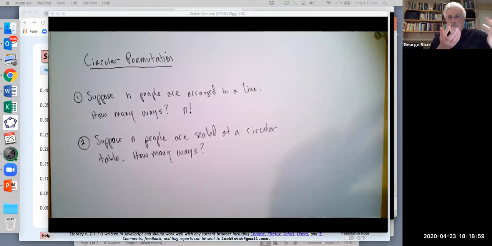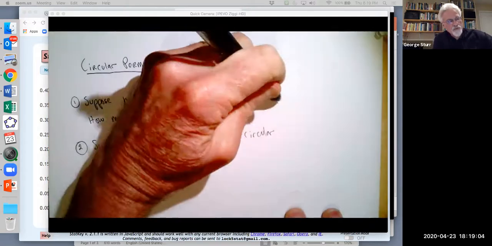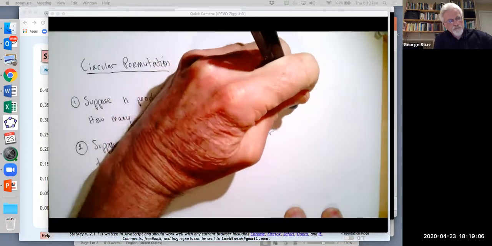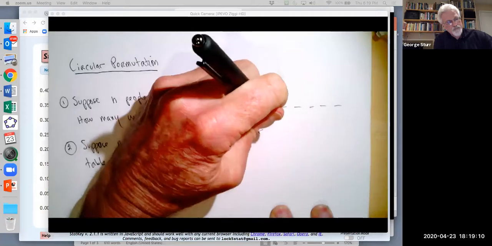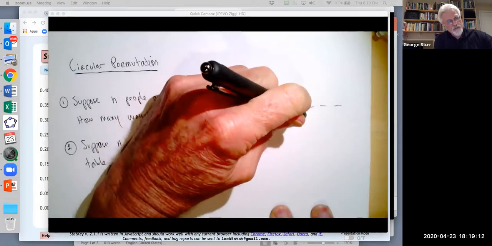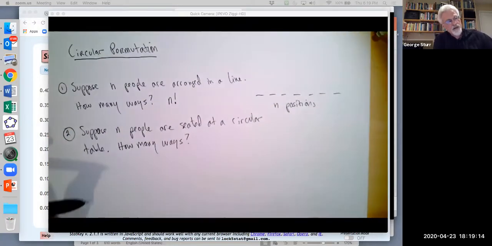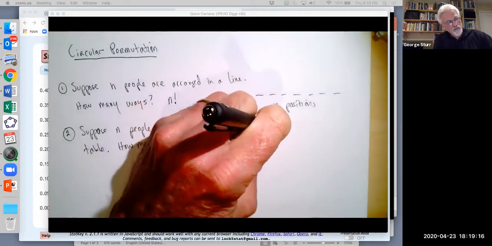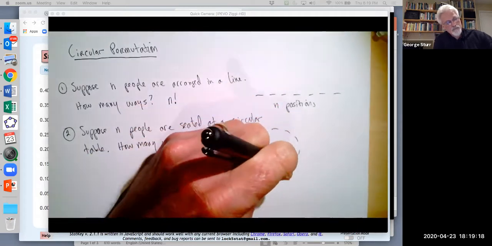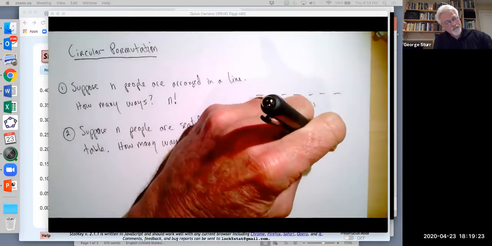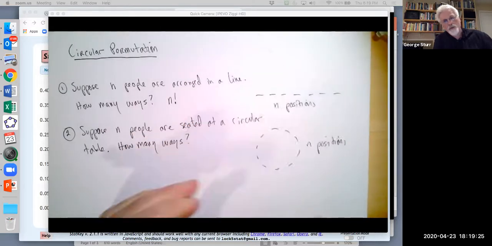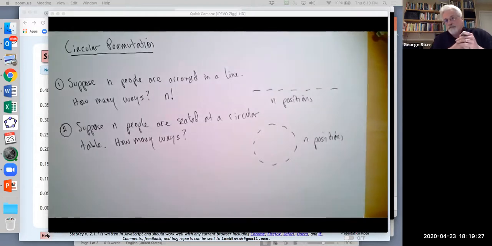Is it the same? Here, you've got a line, and you've got n positions. Here, you've got a circle with n positions. You would think it's the same.